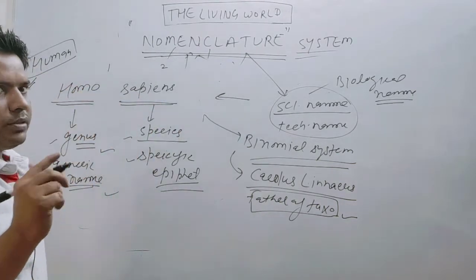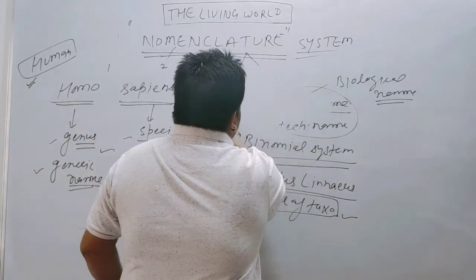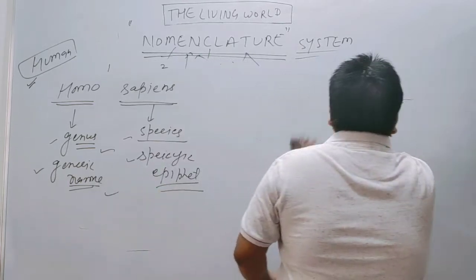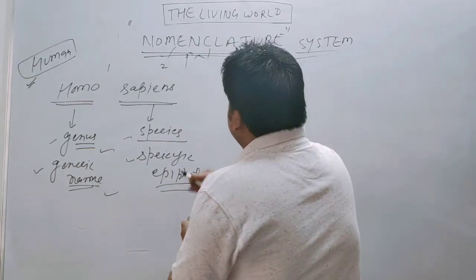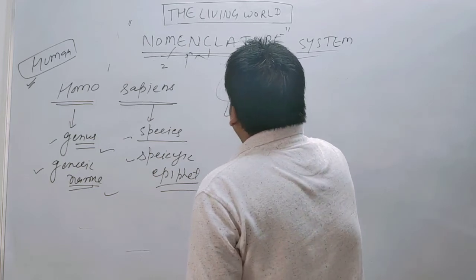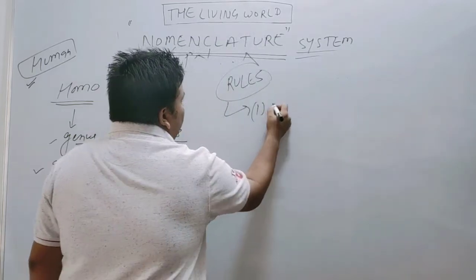But there are some rules. These names are always written in Latin. ठीक है बेटा, रूल समझने बहुत जरूरी है. पहली बात क्या है, these names will always be written in the Latin language.